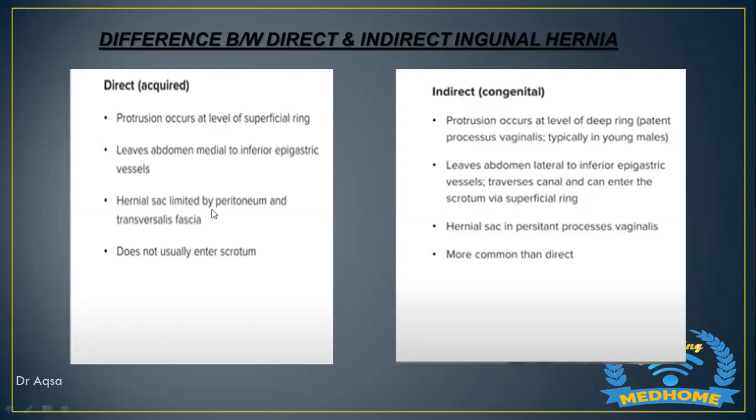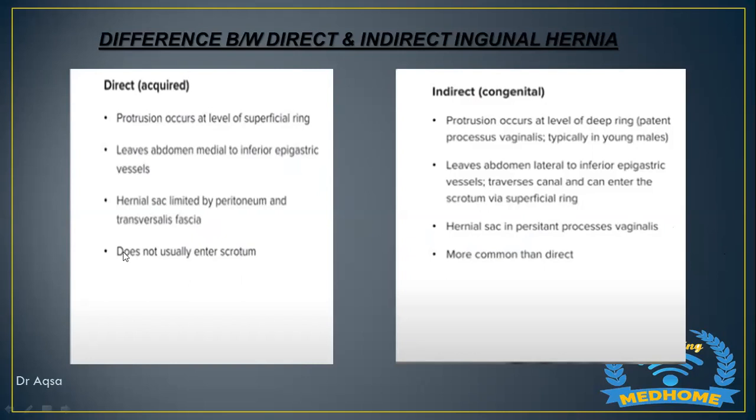In direct inguinal hernia, the sac is limited by peritoneum and the transversalis fascia. In indirect inguinal hernia, it is limited by the persistent processus vaginalis at the level of the deep inguinal ring.